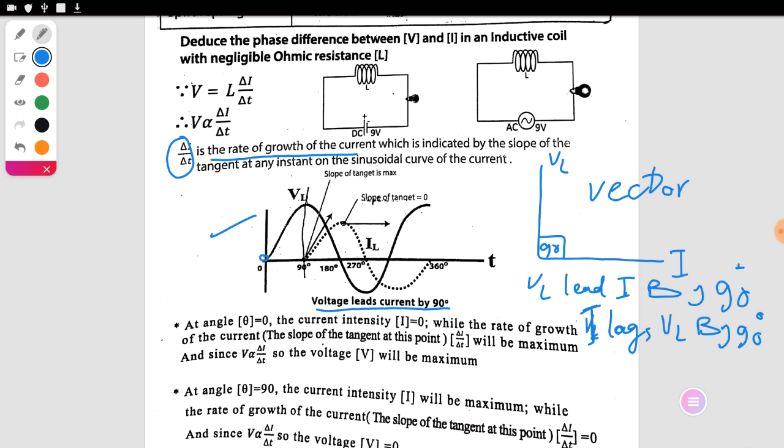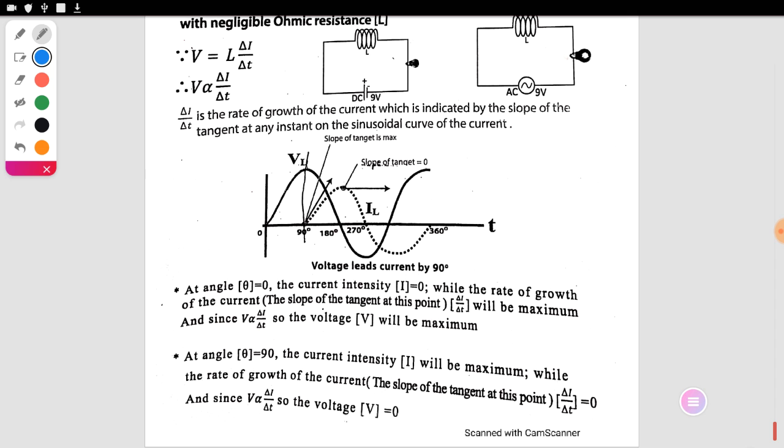At angle equals 0, the current intensity equals 0, while the rate of growth of the current, which represents the slope of the tangent at this point, delta I over delta t, will be maximum. Since delta I over delta t is directly proportional with V, V will be maximum at the same time.